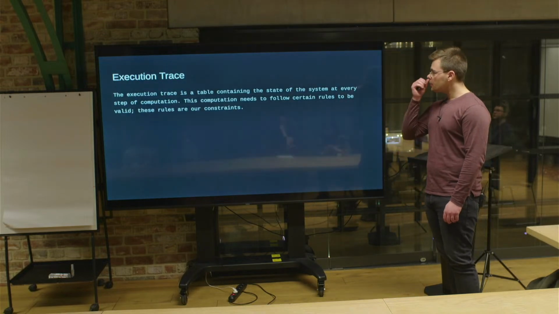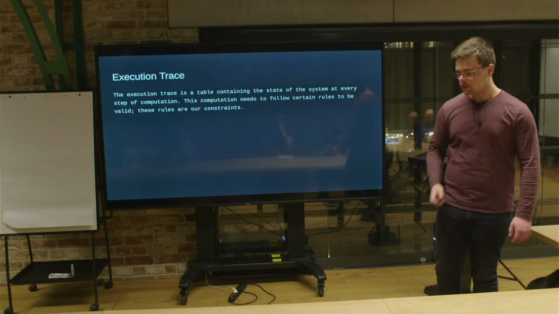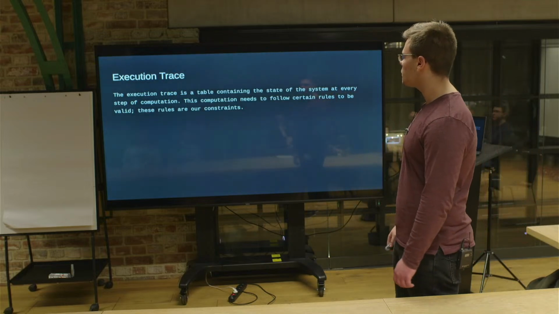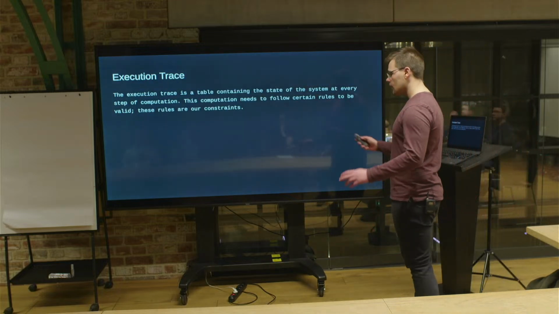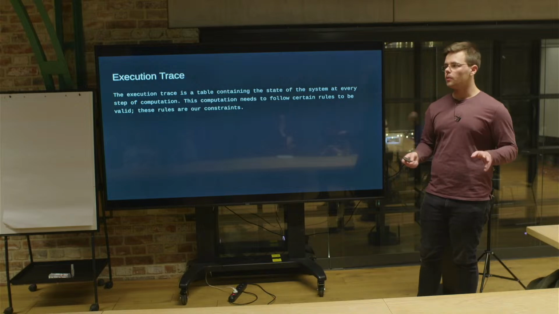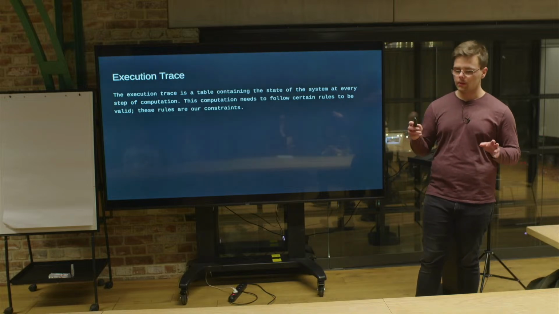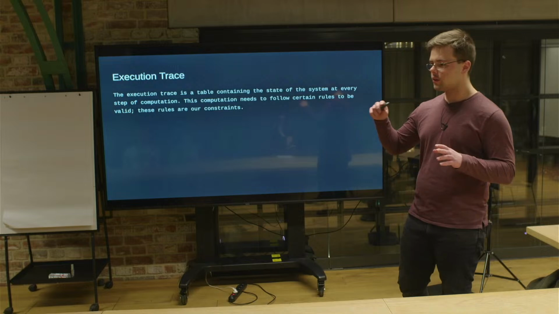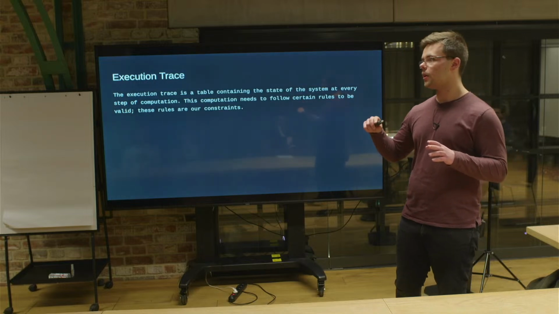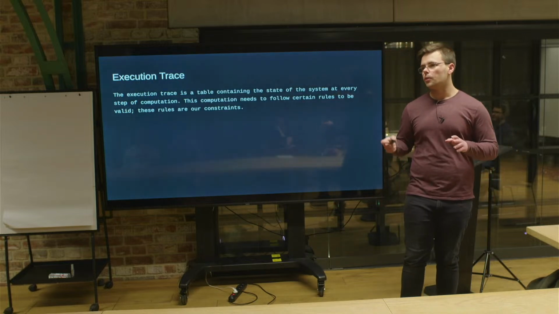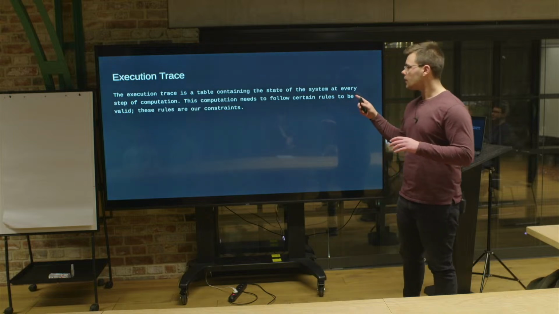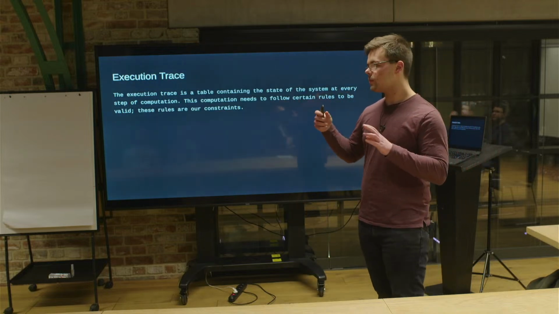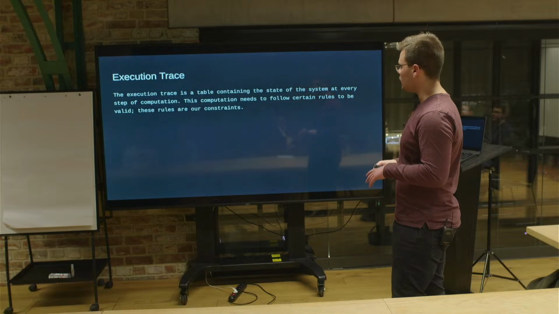So the first primitive, or definition, is the execution trace. The execution trace is some vector or table or structure that has every state of the system encoded into it. In the case of a Fibonacci trace, we're going to have just the Fibonacci values, but the trace is every system state encoded into a table.